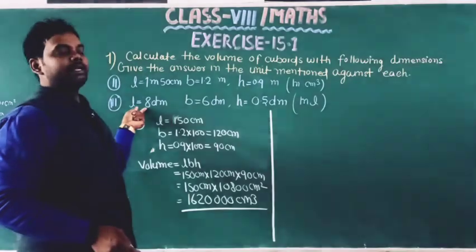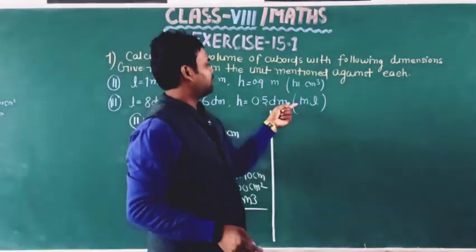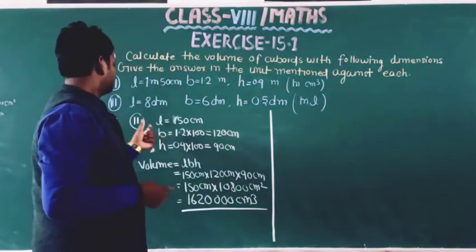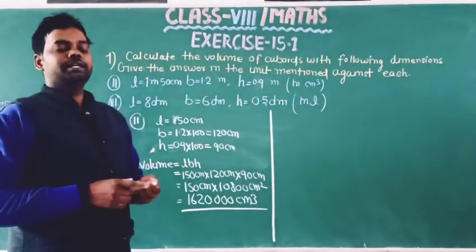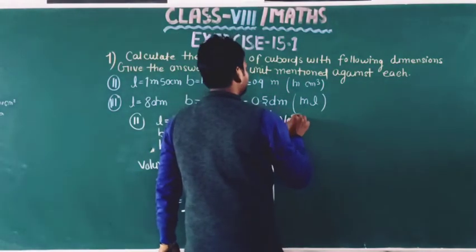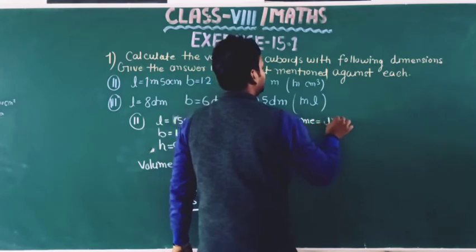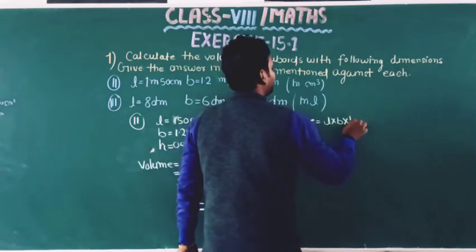Length is given 8 decimeter, breadth is 6 decimeter, height is 0.5 decimeter. Find the volume in liter. Okay, so volume of cuboid equal to length into breadth into height.